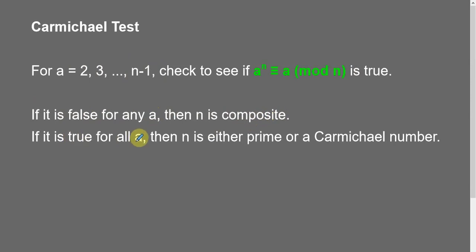If it's true for all of them, then unfortunately we cannot say it's 100% prime, because it could be prime, but it could also be a Carmichael number. So we'll call this the Carmichael test. And it's pretty good. It'll catch most composites, right? But a few composites get through. So it's not a foolproof test.